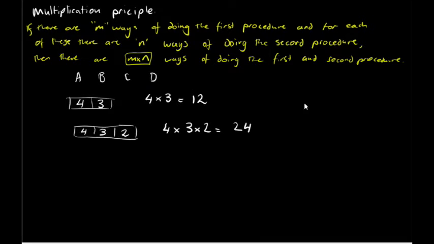Now, I'm not going to write out 24 different ways because that will take so long, which is why these box tables are quite useful.